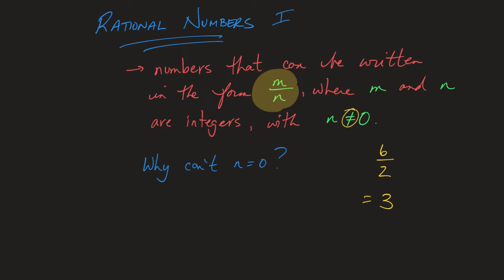Now I want to come back up to that restriction about n not being able to equal 0, but maybe look at it in a different context. If rational numbers are m over n, where the bottom can't be equal to 0, then why is the top allowed to equal 0? Let's examine what happens if the top equals 0. Okay, I have 0 pens sitting on my desk, and I decide to break that up into 2 groups.